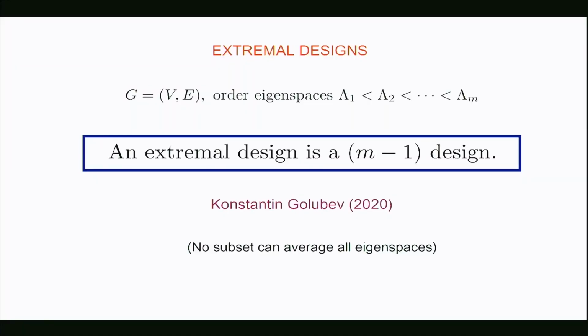So this is the best you can do, these extremal designs. Of course, this depends on the ordering you put on the eigenspaces, and this was defined by Konstantin Golubev in 2020. He makes some nice connections to graph theory, like to graphs that meet the Hoffman bound and Cheeger bound and so on. So he has a very combinatorial paper on these extremal designs.